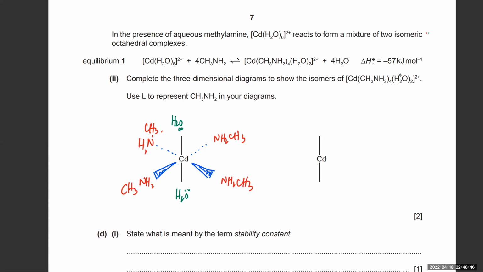So this is 4 CH3NH2 ligands, and there are 2 water molecules. They said to use L to represent this. So we drew the whole thing, and this entire thing will have a charge of +2.